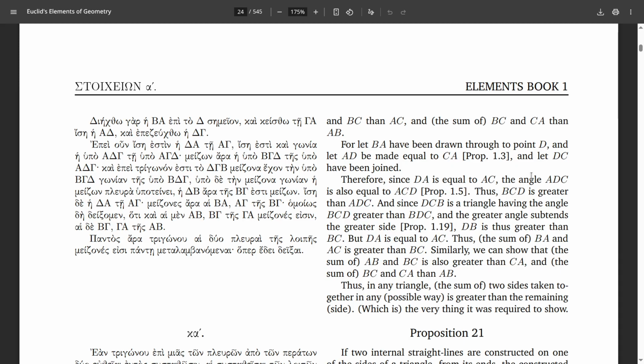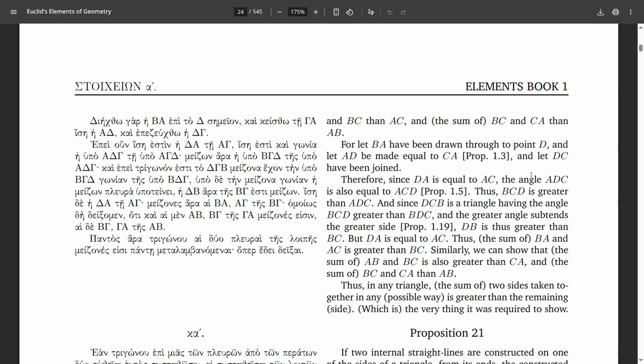And since DCB is a triangle having the angle BCD greater, so let's say the triangle DCB has the large angle BCD.